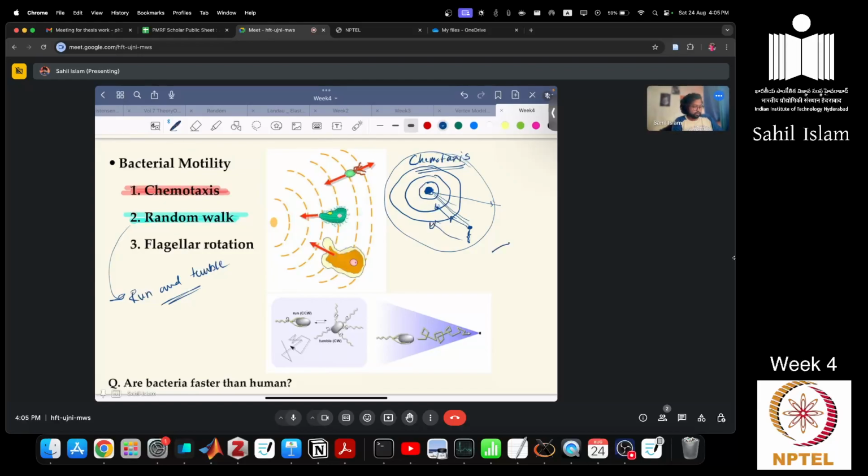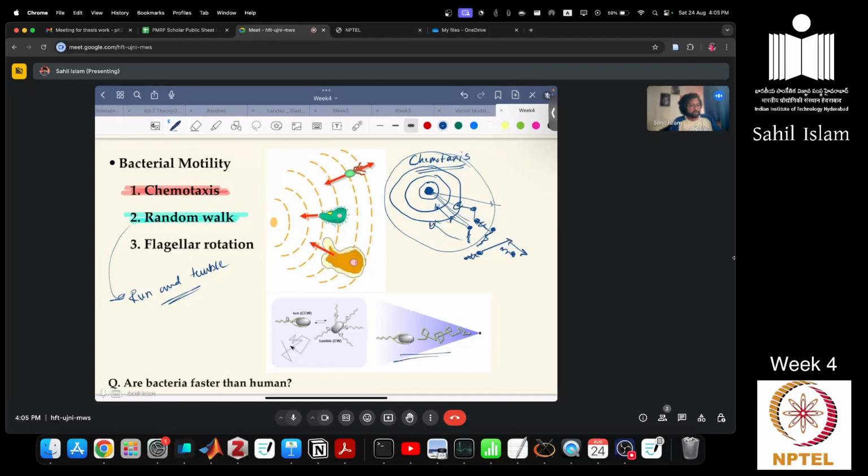They go in a straight line for a particular amount of time, then change direction due to an internal mechanism, and that's how they find this. Let's say it was going in this direction and it sees this chemical gradient, it can rotate itself towards this and go like this. So this is a run and tumble motion.